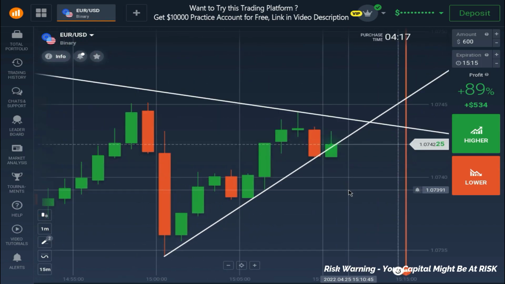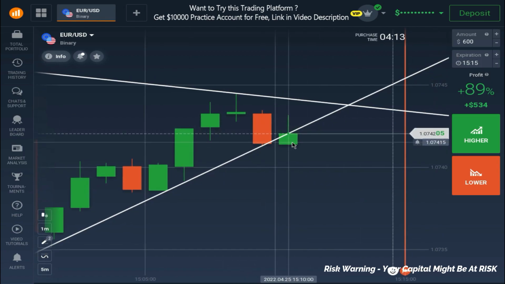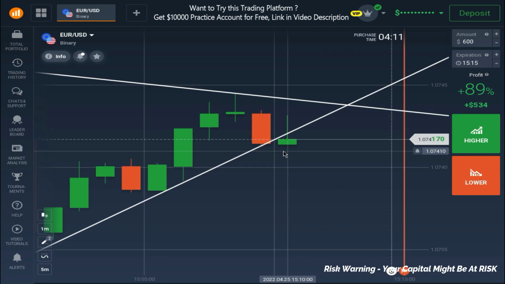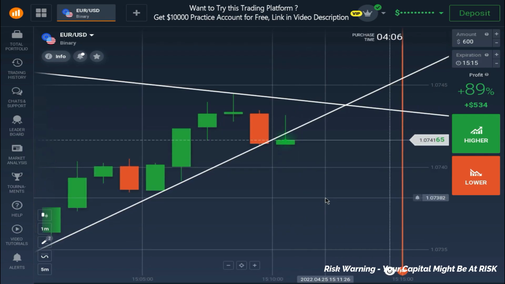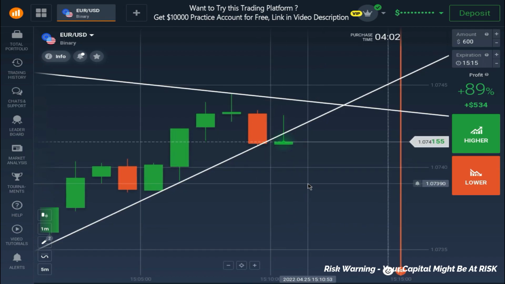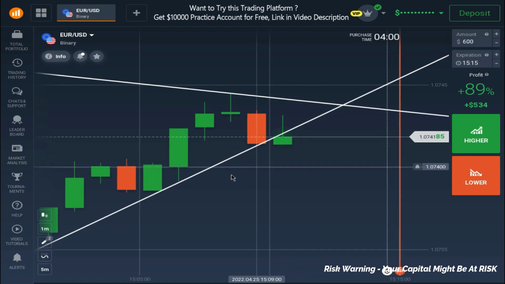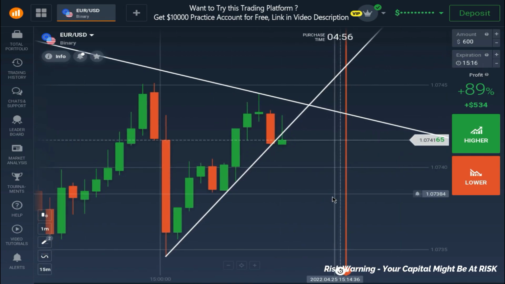Let's wait for the market. If this candle broke the trend line and closes below, we are going to place a 5-minute trade. Otherwise we'll wait if market rejected again. So let's see. Right now I can see some rejection, but still this candle will decide if this is working or not. I'll increase the time here.